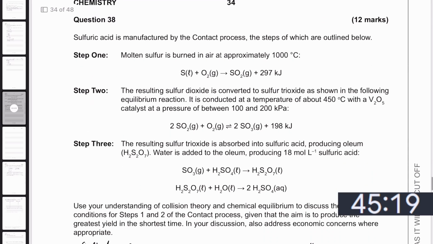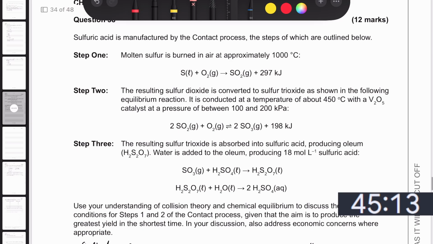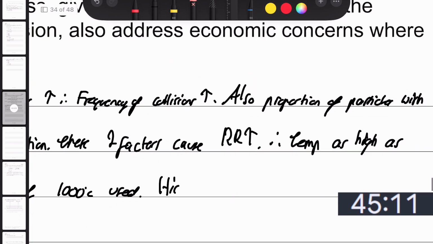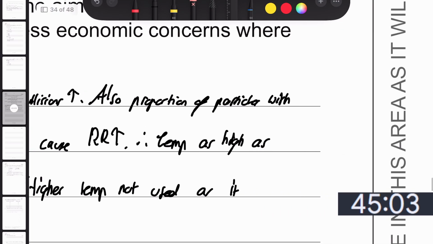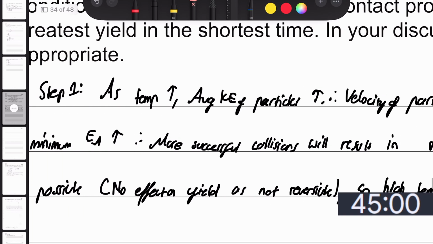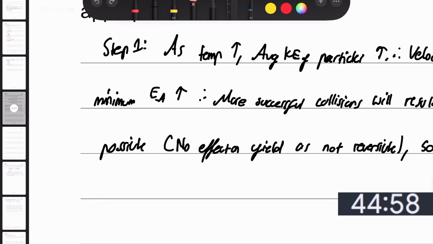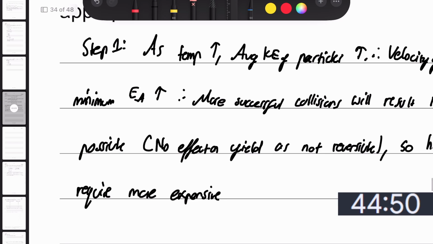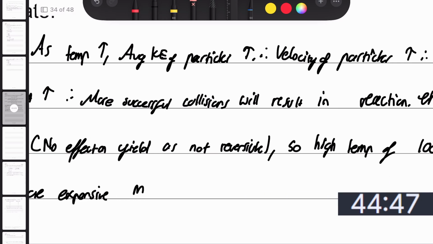Higher temperature not used, as it would require more expensive machinery and be more expensive to run.